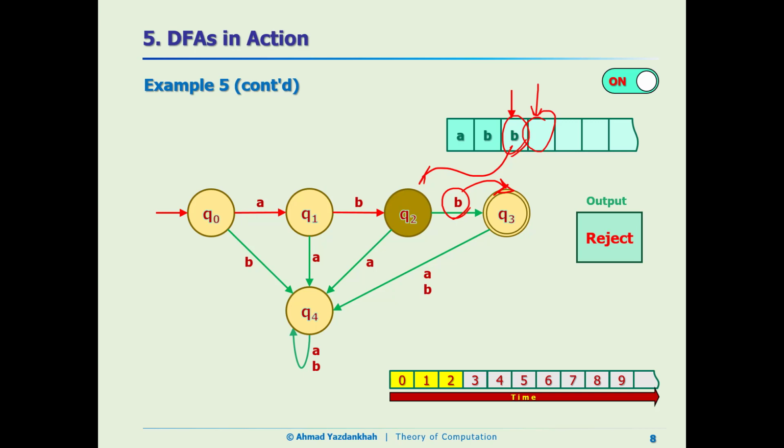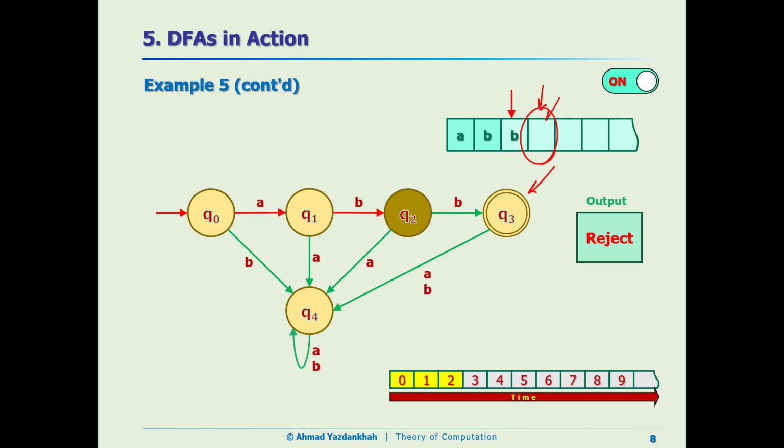We know that when the head points to an empty cell, the machine stops. So in the next slide, the machine stops here, which is an accepting state. Because the head is pointing to the empty cell, the machine stops in an accepting state.